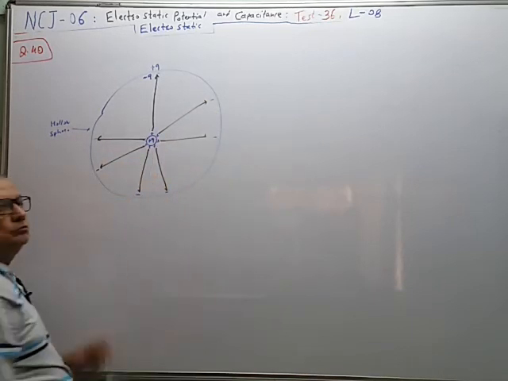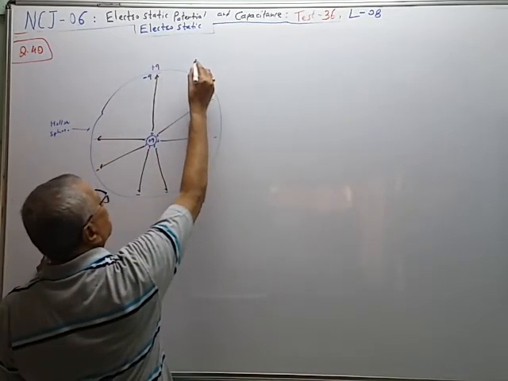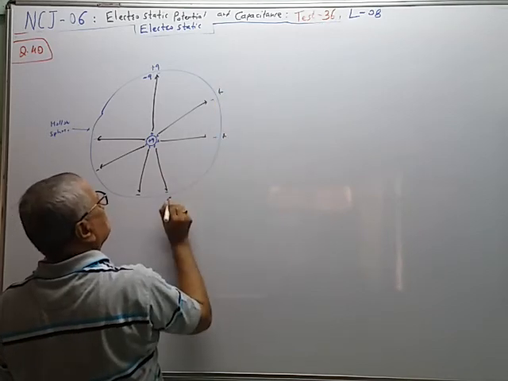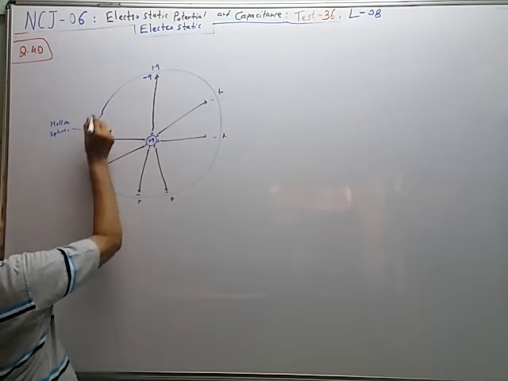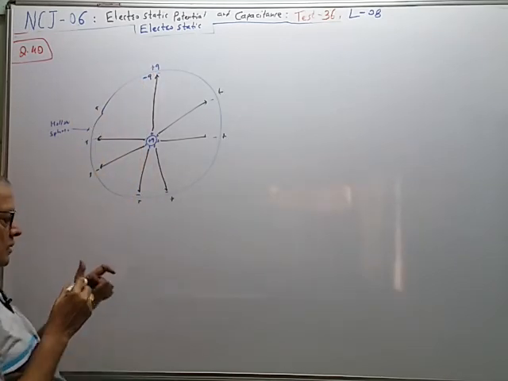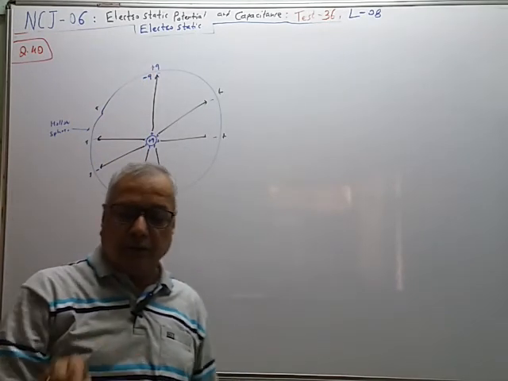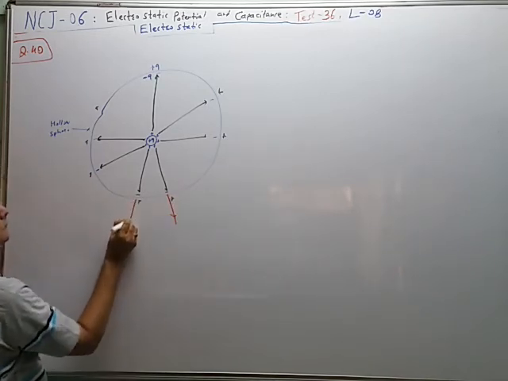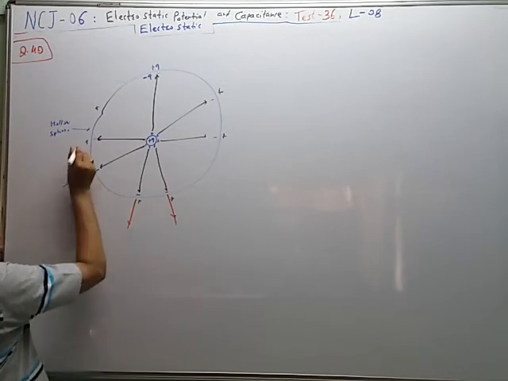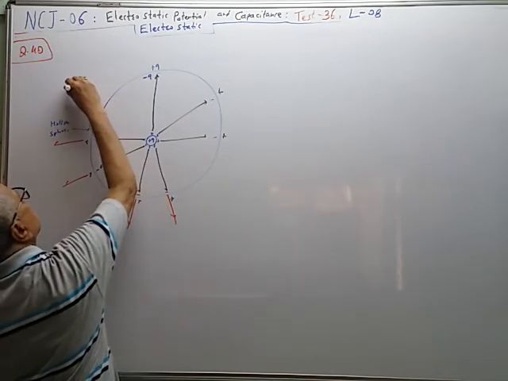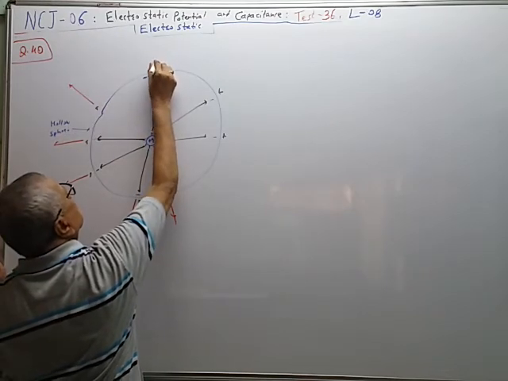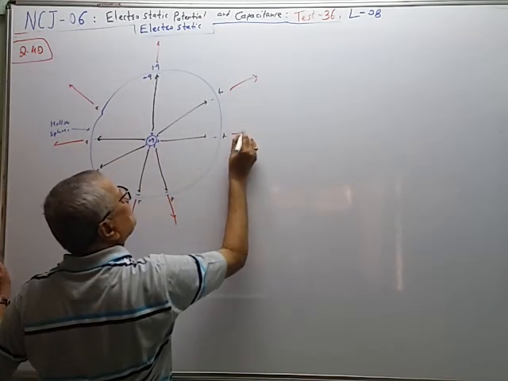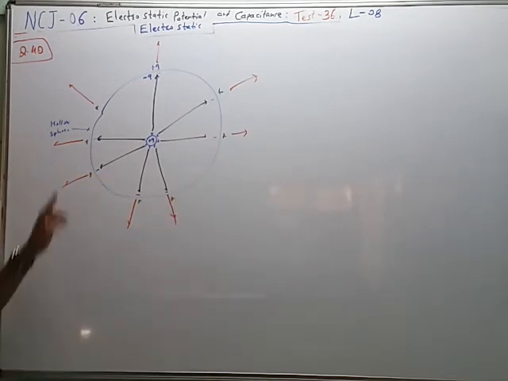Now, the outer surface has positive charges. So lines of force cannot pass through the metal sphere, but due to the induction, these positive charges are induced, and therefore lines of force will start normally. So this pattern is correct, therefore B pattern is correct.